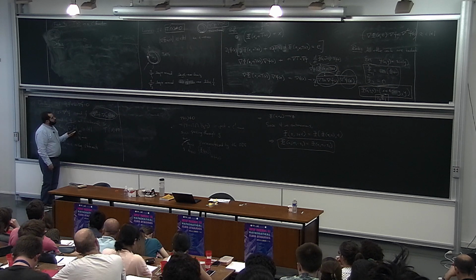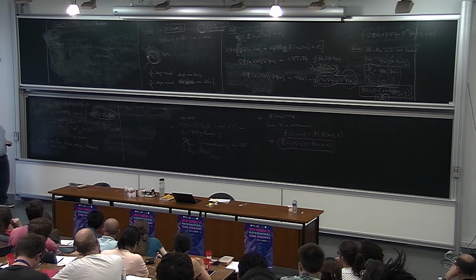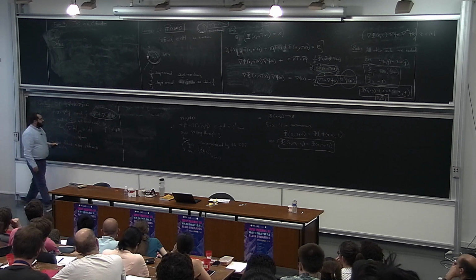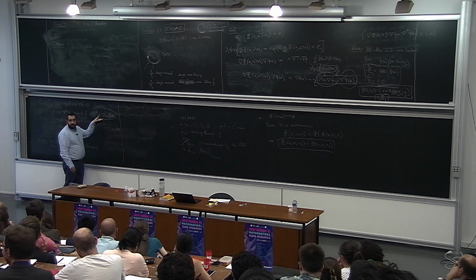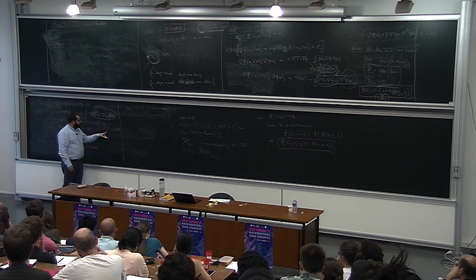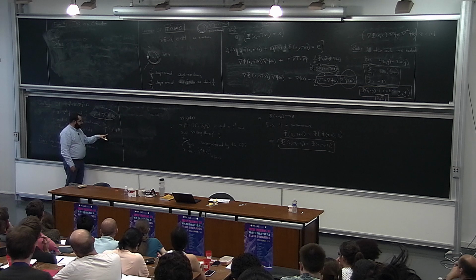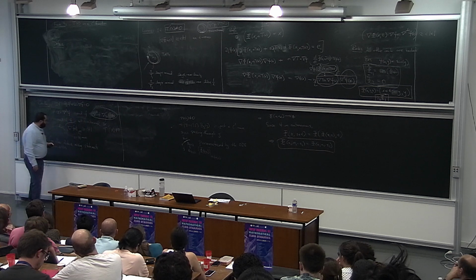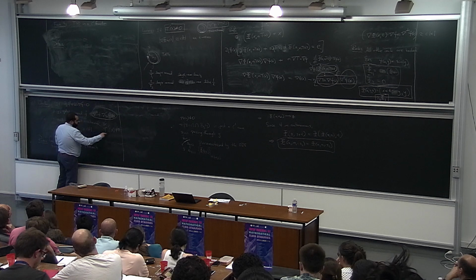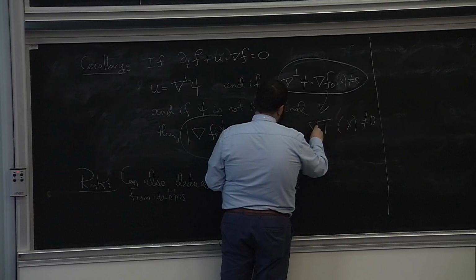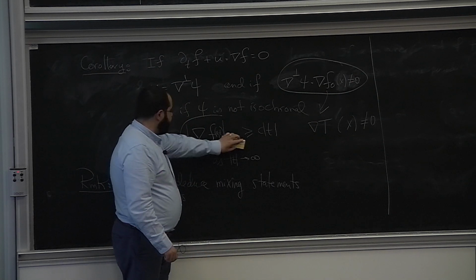So the statement should be, so it's in my notes, which I foolishly did not follow. I believe the statement is that if you have at a single point this is not 0, and the derivative of the period is not 0, then, so it's a scalar function, but you really should write it like that, then this should also be true. So you don't really need L infinity.